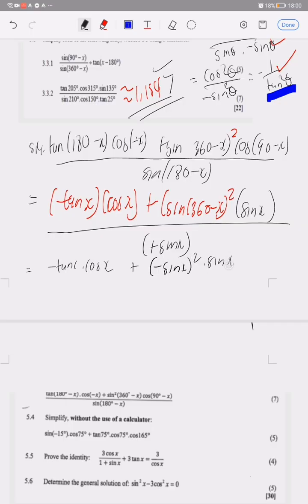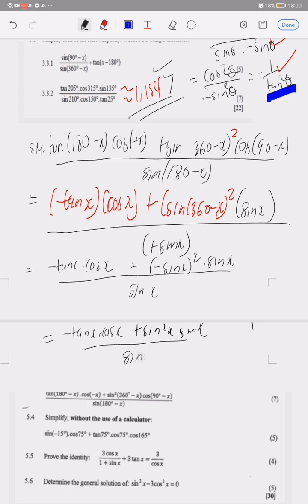Do you see that? Over sine x. So I simplify, this becomes negative tan x cos x plus sine squared x over sine x. All right, so what do we do from here?